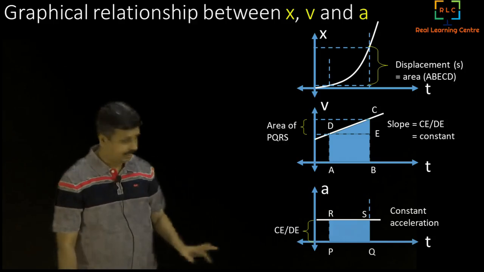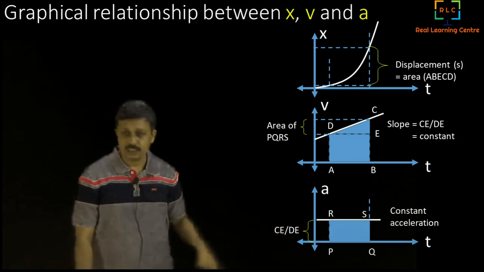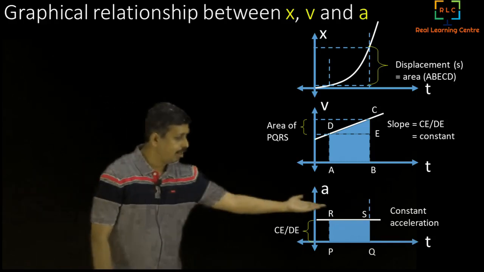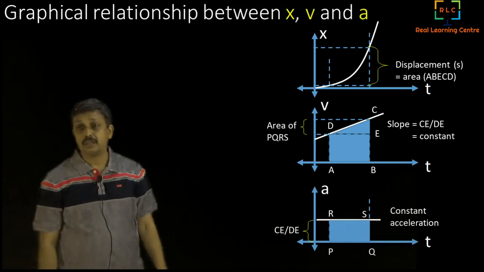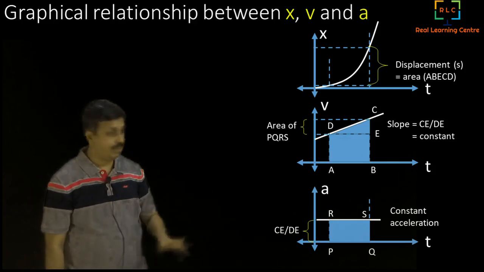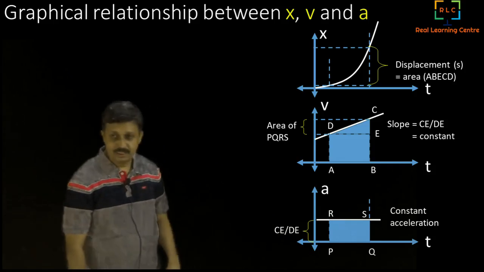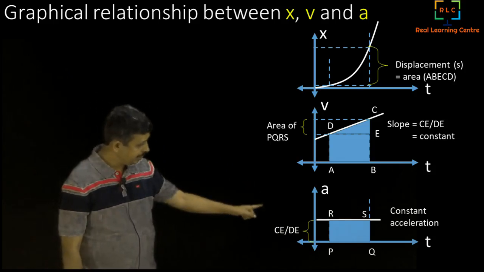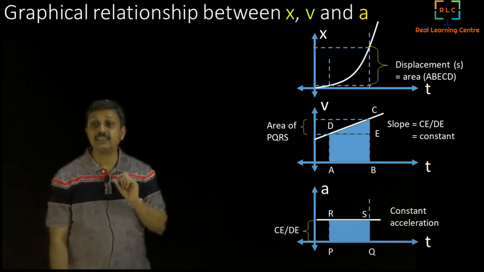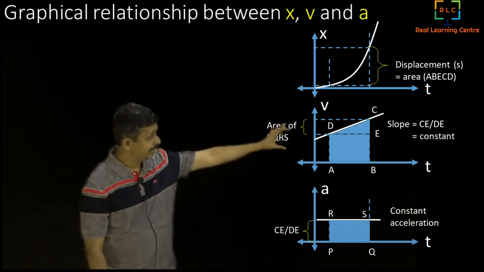You can see the height of this rectangle is CE by DE, and the bottom of the rectangle is nothing but the length of AB, which is the same as DE. Now the area of this rectangle is nothing but CE by DE into DE, and DE gets cancelled and you get only CE, and that is that CE height.